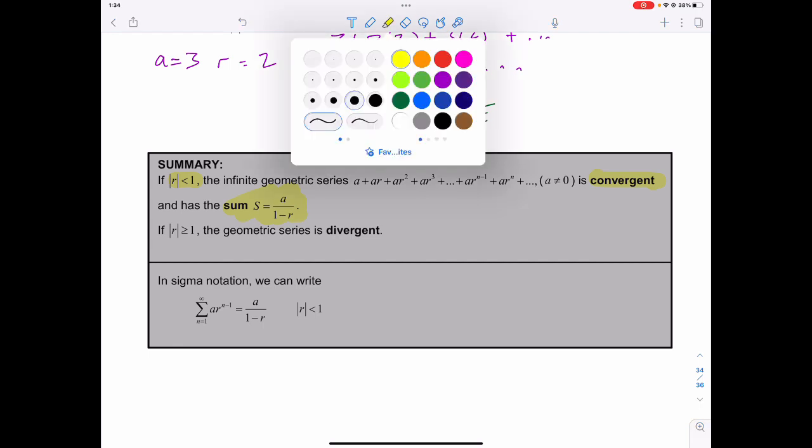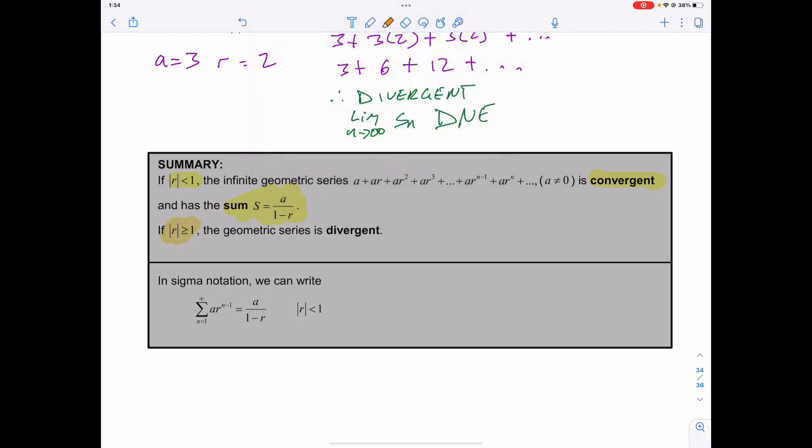If the absolute value of r is either equal to 1 or -1, or it is outside of there, it's going to be divergent, and the sum does not exist.